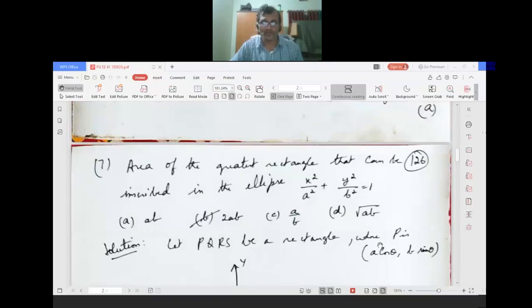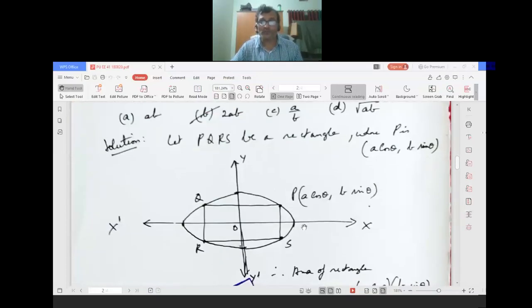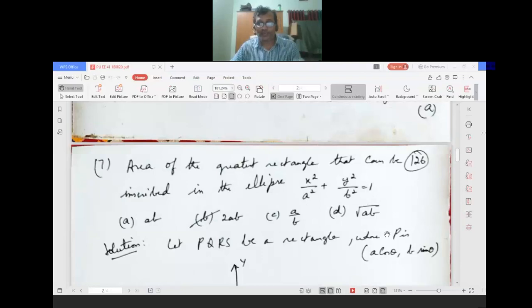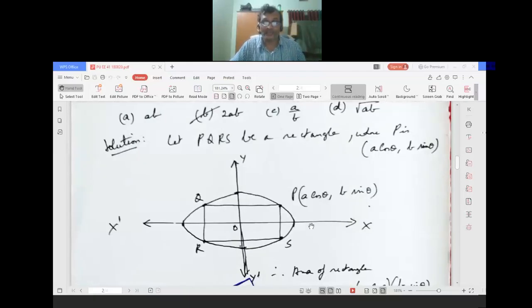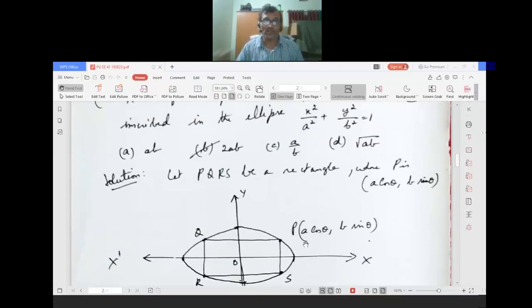Whenever the ellipse is of the form x squared by a squared plus y squared by b squared equals 1, any point on the ellipse is of the form a cos theta comma b sin theta, so remember that. Similarly for a circle, it is a cos theta comma a sin theta, where a is the radius.